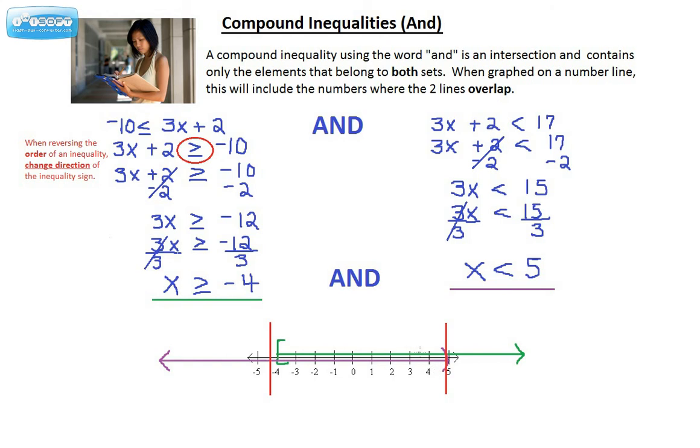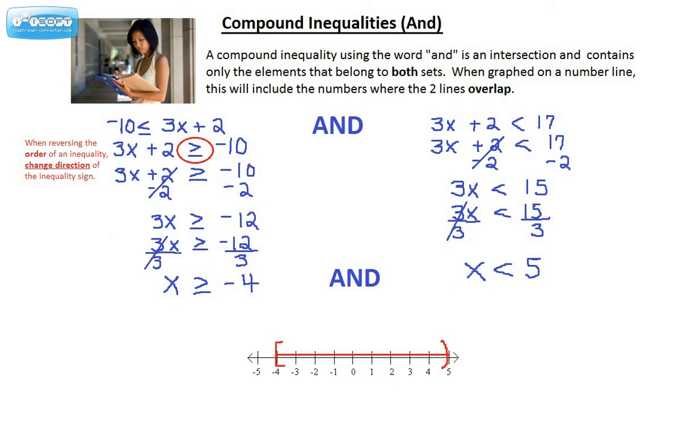So all of the numbers in between these two red lines will be the numbers that are our solution. These are the numbers that are both greater than or equal to negative 4, and at the same time, they're also less than 5. So now let's draw the graph of our solution.